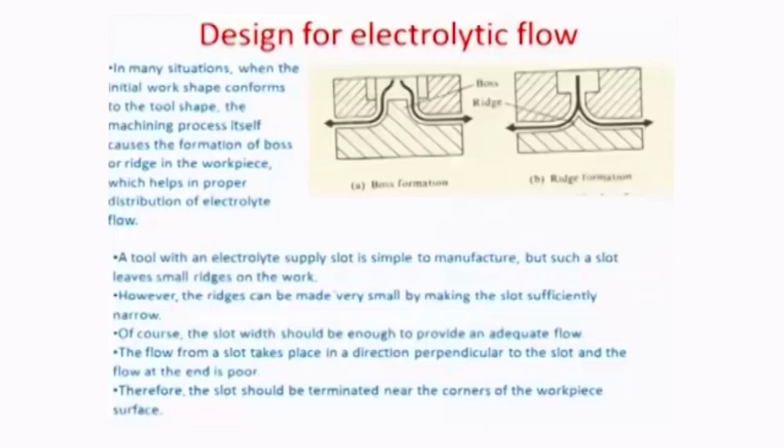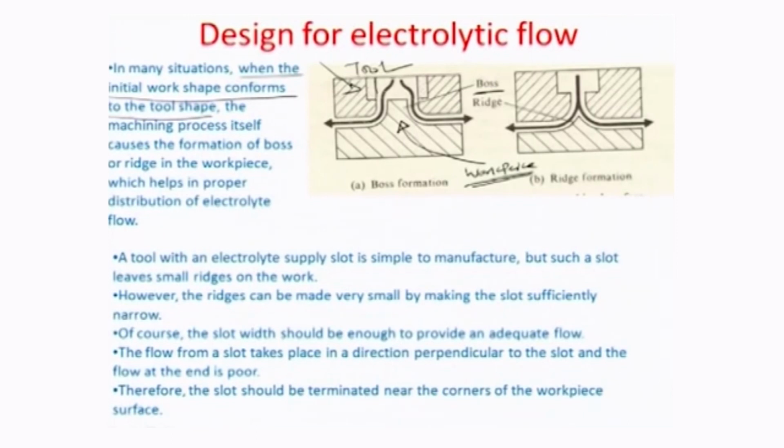So, in many situations, for example, when the initial work shape conforms to the tool shape, in this particular case you see that this is the tool, and there is a boss on this workpiece which has somehow come into the path of the electrolyte flow.